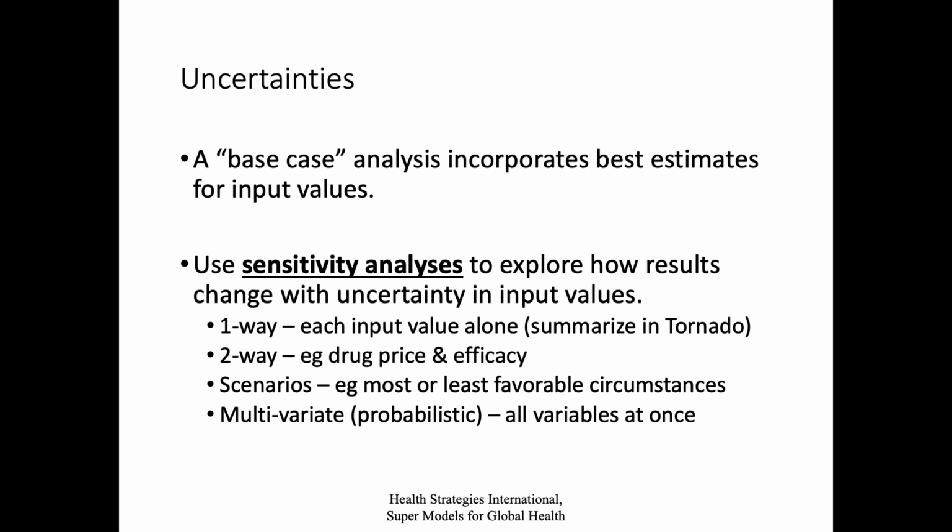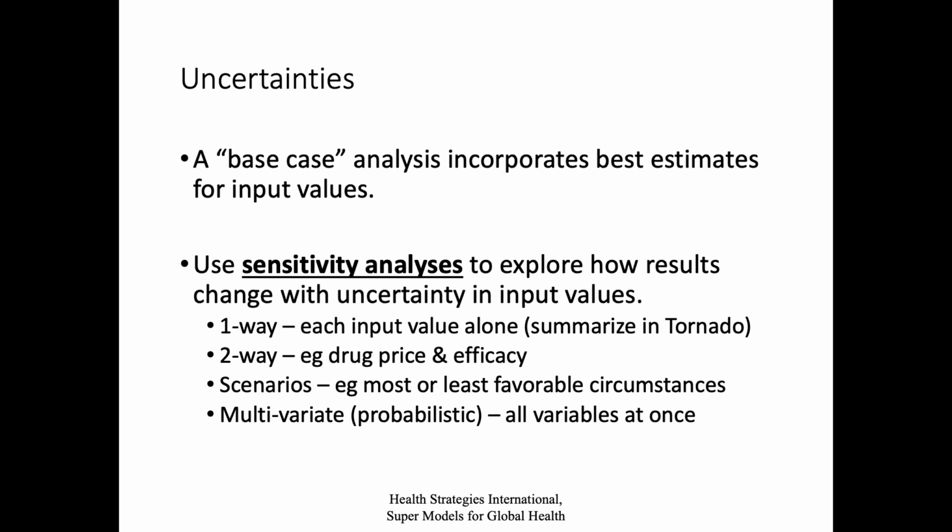Another kind of uncertainty is that you have a good data point, but it is not perfectly aligned with your situation. Perhaps you have a study from Canada, whereas you're looking at something in the United States, or you have a study that's 10 years old and clinical practice has changed a little bit in the interim.